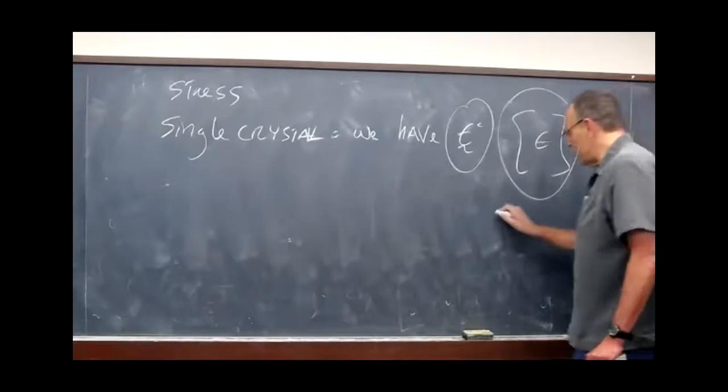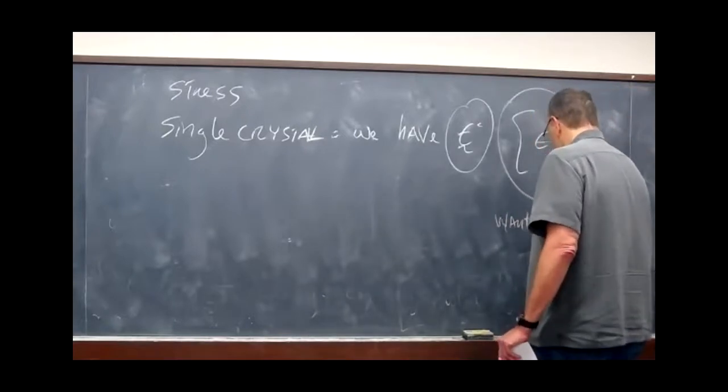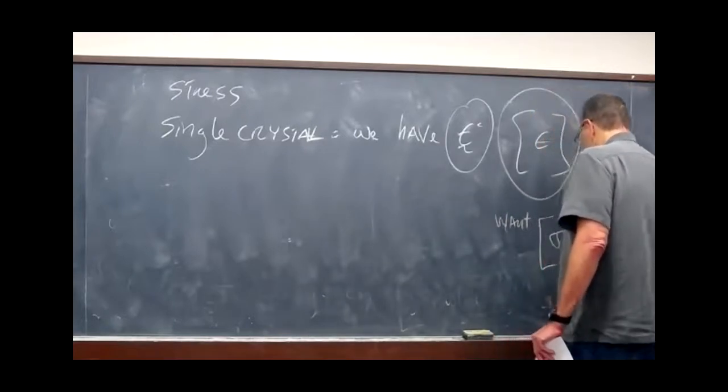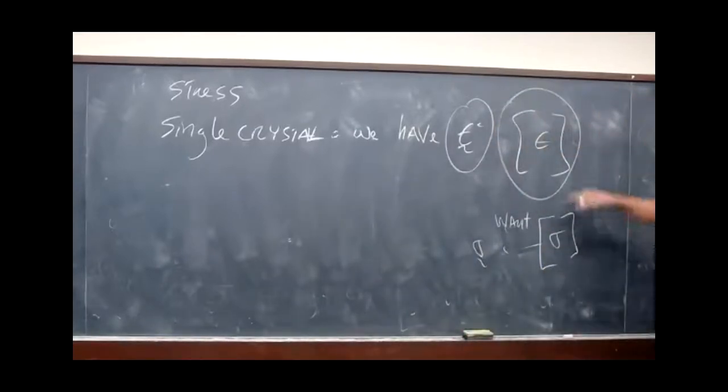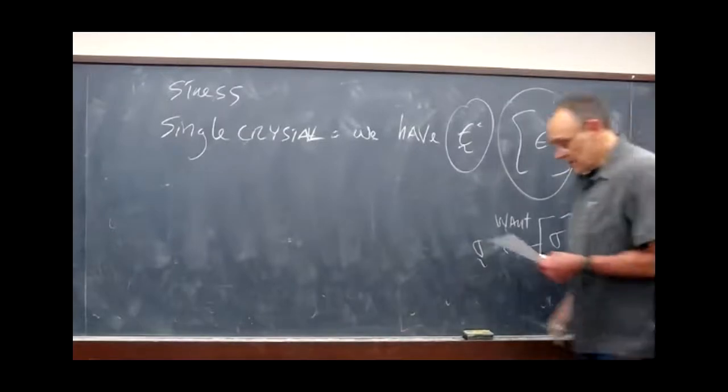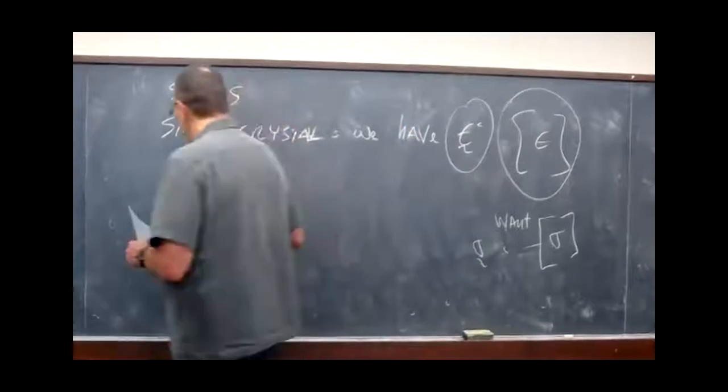So if I have these relative to a coordinate system, I can calculate the stress. We always want this. Then we can take this and transform it and do whatever we want to. If we have epsilon in a coordinate system, how do we get stress? Well, Hooke said, here's what you do.